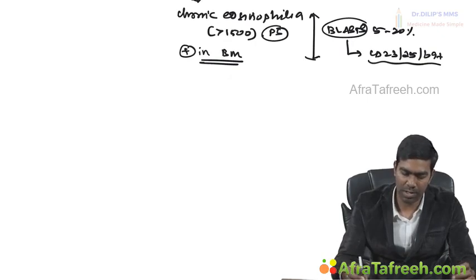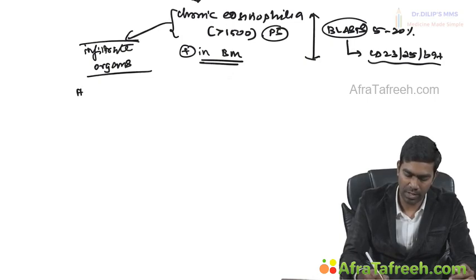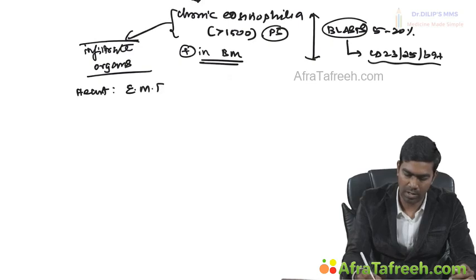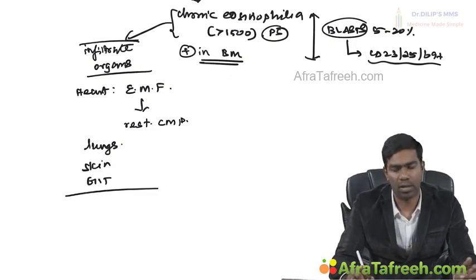So what is going to happen is these eosinophils are going to infiltrate multiple organs. For example, they can infiltrate the heart and cause endomyocardial fibrosis, which can itself lead to something called restrictive cardiomyopathy. They can infiltrate the lungs, the skin, and the GIT, causing bloody diarrhea also. It can produce anything.